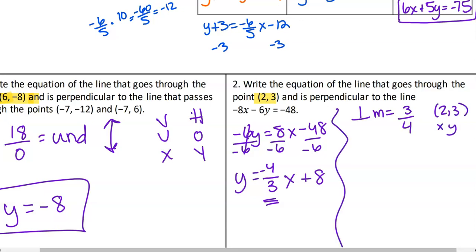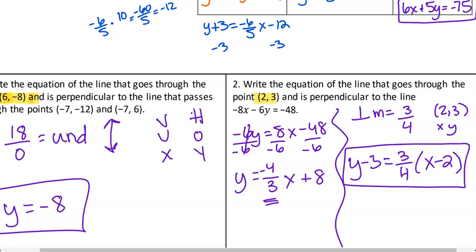Okay, so that's what we're going to use to write our new equation. So it's going to be y, is it -2 or -3? -3. There you go. y minus 3 equals my perpendicular slope.